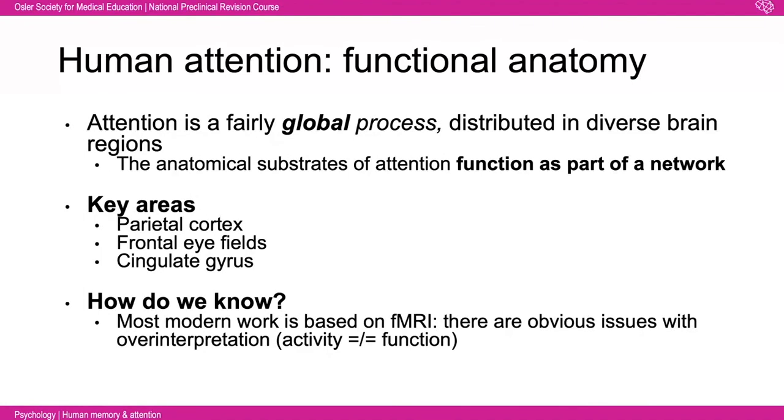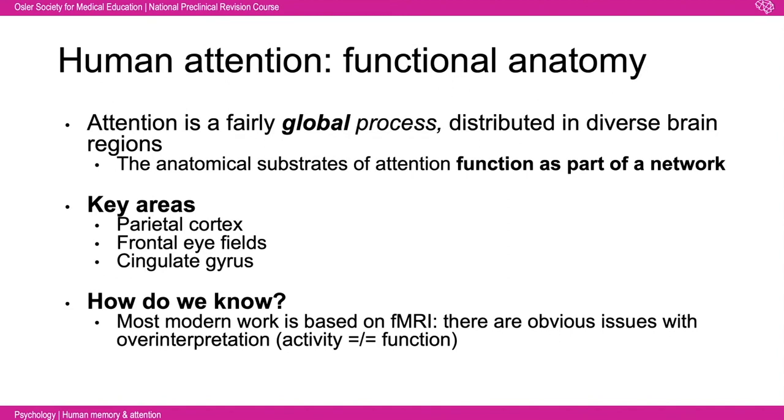So, the anatomy of attention. Like with memory, it's important to note that attention is fairly global. There's no one area where you say that this is attention, but you guys know that, and you know better than to just define areas based on one function.